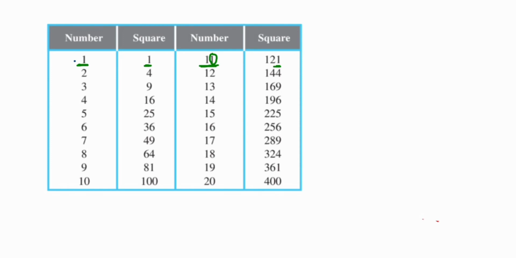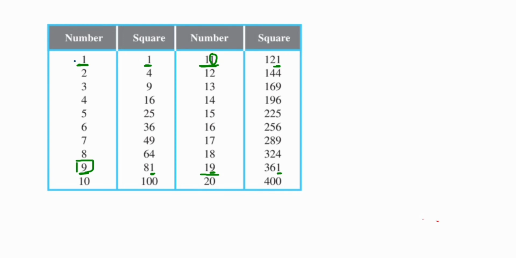Now one more number, 9. 9 squared is 81, the unit digit is 1. Again, if I look at the square of 19, the unit digit of 19 is 9, and the square of 19 is 361, which is also ending up with 1.